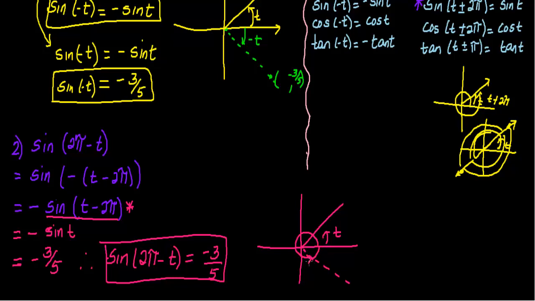So my turn would stop here instead of here. Okay, and this would be your negative t. So notice that this is equivalent to my negative angle identities. That's why when sine of t is 3/5 here, it's going to be negative 3/5 here. And that's what we got.